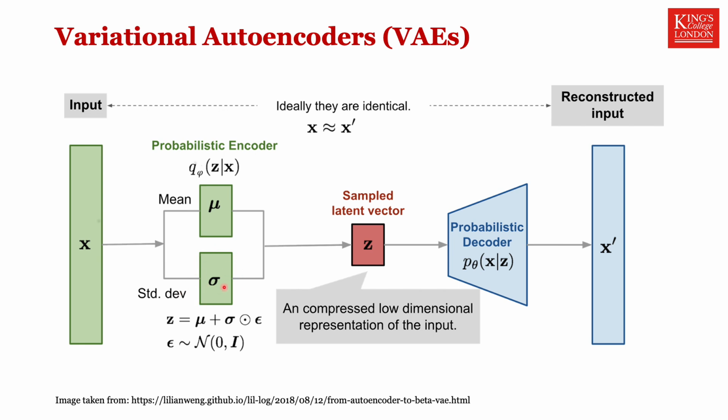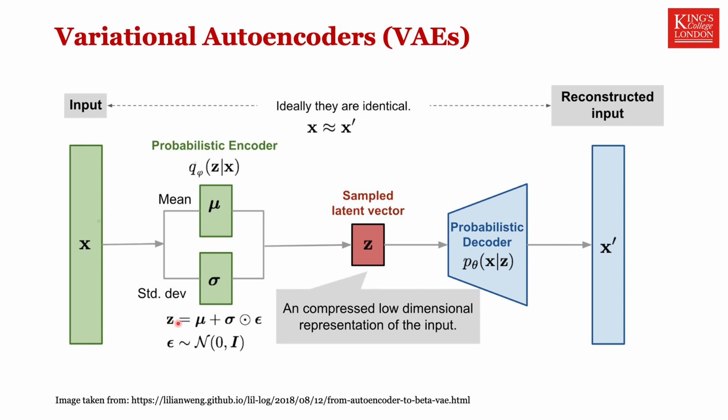What you can then do is, if you want to take this probabilistic latent representation and recreate a reconstructed output, you need to sample from the distribution, and this gives you the sample latent vector, which is then given to the probabilistic decoder, which reconstructs the input. The way you sample from this is by applying this little kernel trick that you see here.